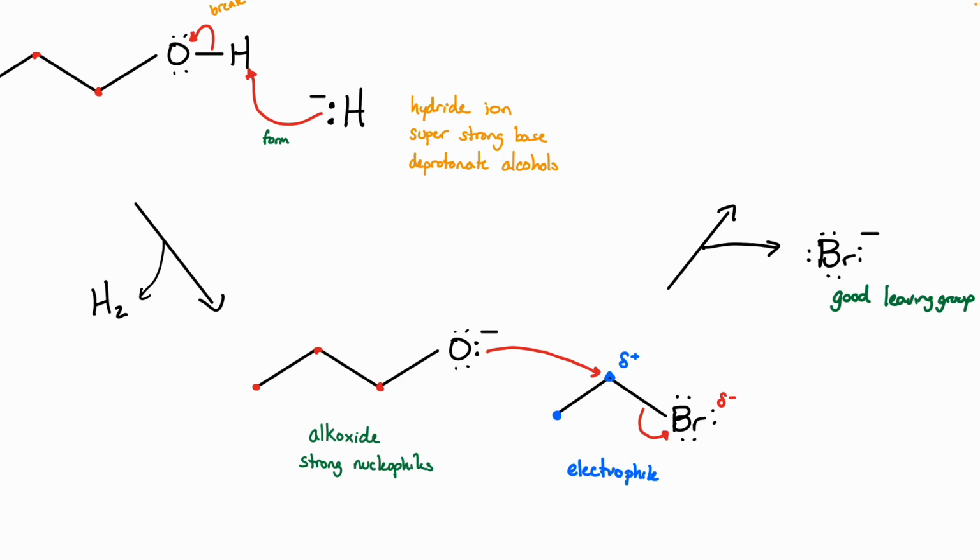What makes it a good leaving group is that it's nice and stable all by itself. Another way of saying that was that it is a weak base. And so that's how I connect these two fragments together, forming my asymmetric ether.